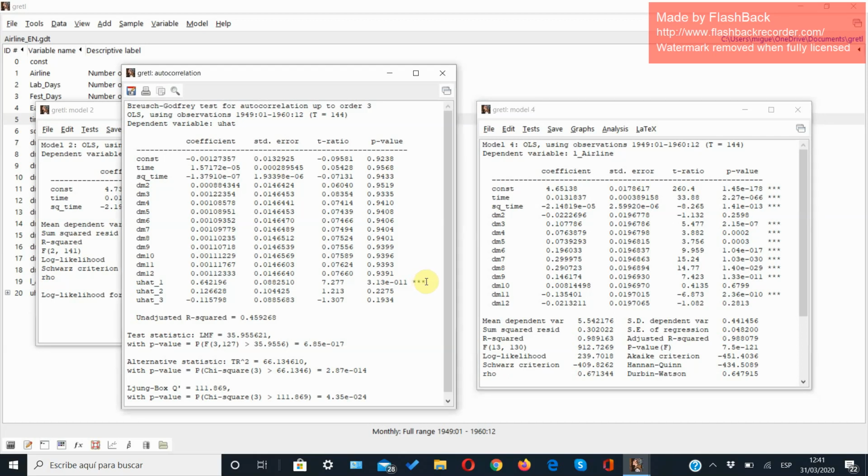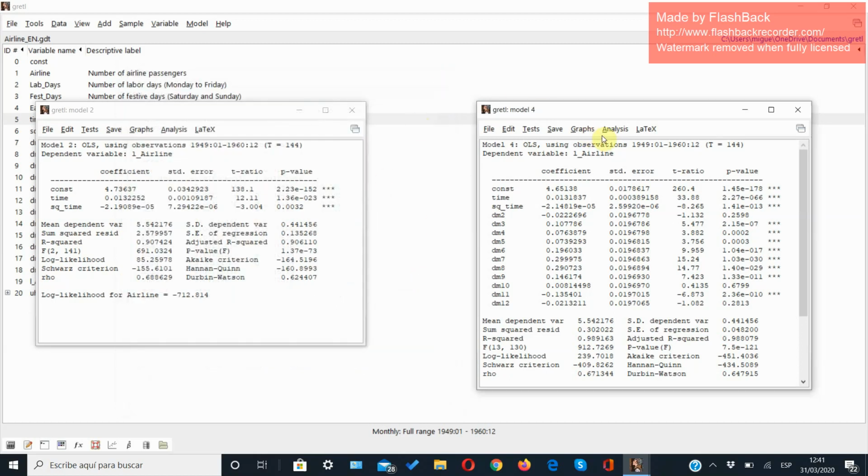This model would tell us that the current error in the relation model is a function of its first order lag, the error at t minus 1, plus a non-autocorrelated error, which would be the final error for the model.